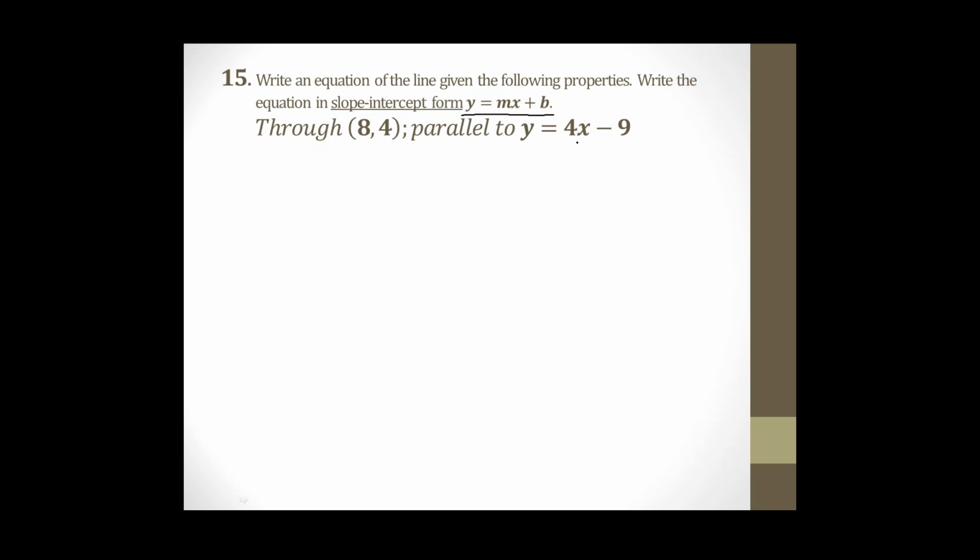Because this is already solved for y equals mx plus b, I know that my slope is right here in front of the x term, so it is 4. And then I need to know the condition of two lines that are being parallel. Two lines that are parallel actually have the same slope. So for my new line, the slope should also be 4.